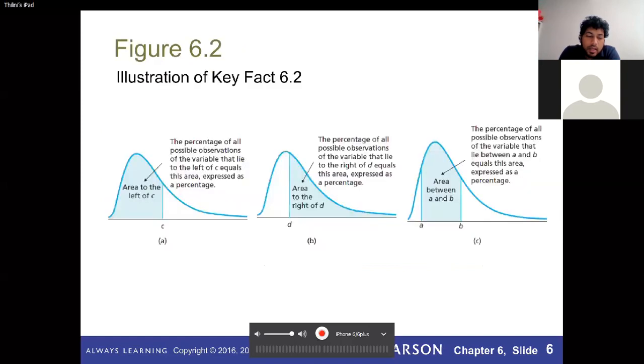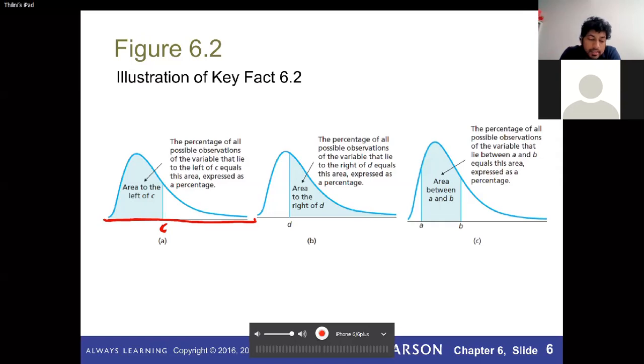If you consider this kind of density curve, like the first one, and I take a fixed value C, we can tell the percentage, which means the area, to the left or to the right with respect to this value.